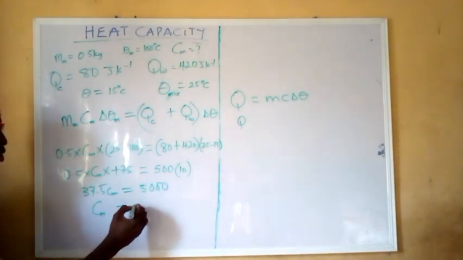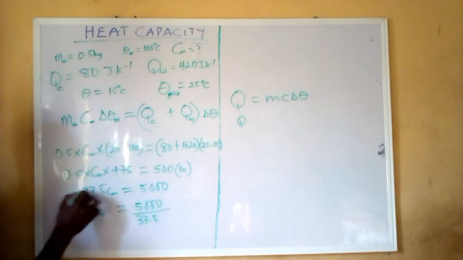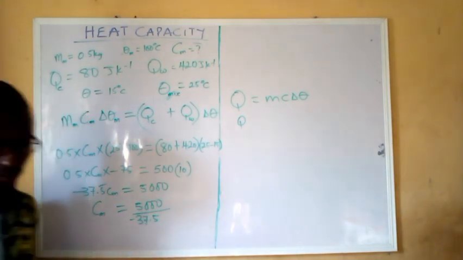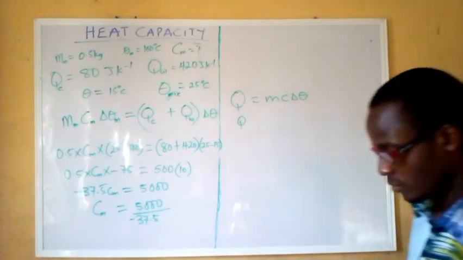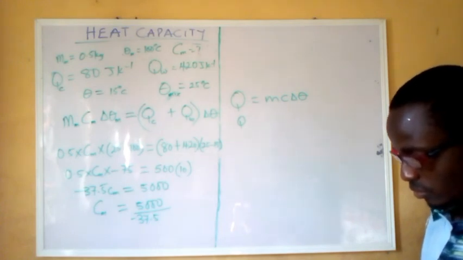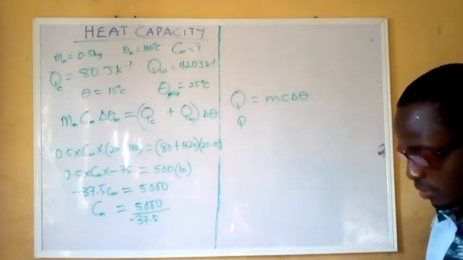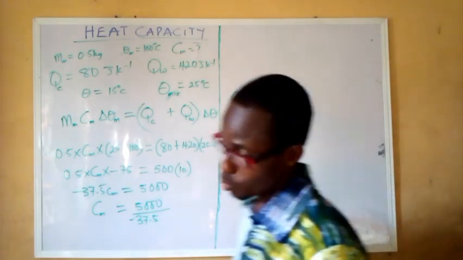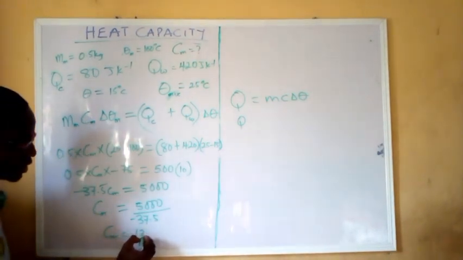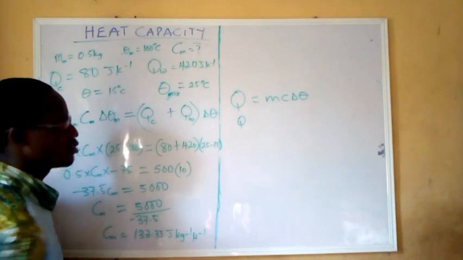The specific heat capacity is 5,000 divided by 37.5, which gives us 133.33 joules per kilogram per Kelvin.